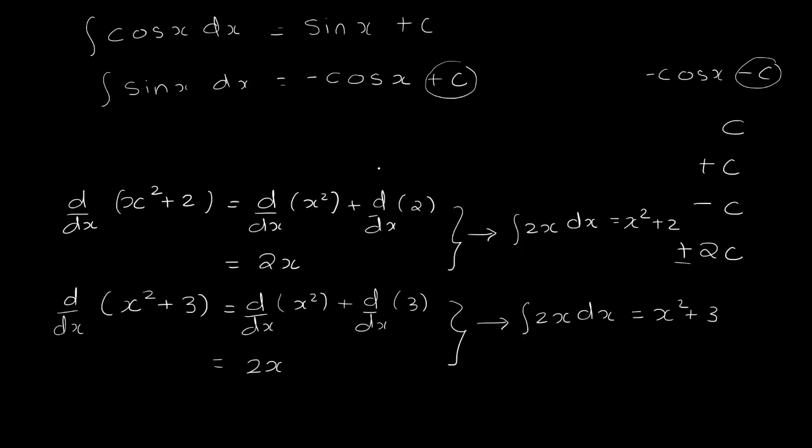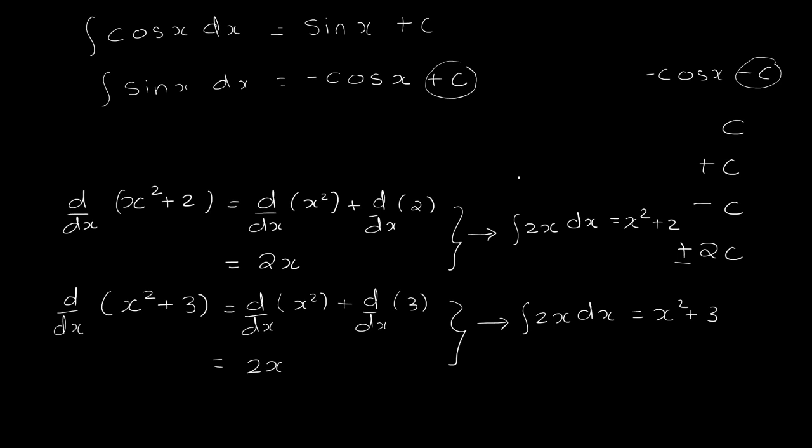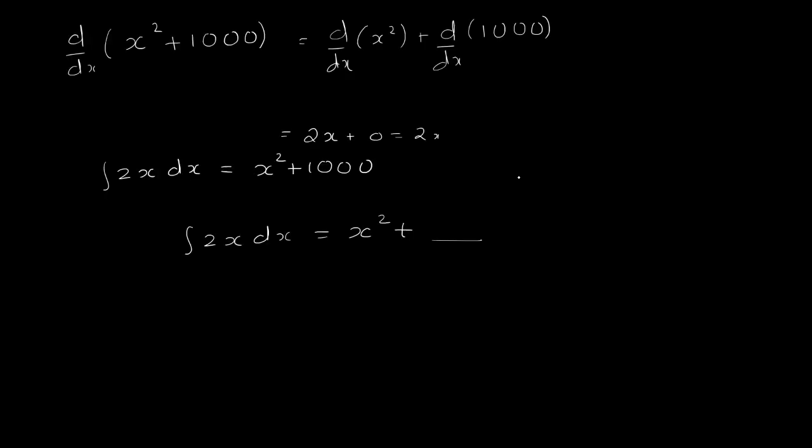So basically you will get the integral of 2x dx is equal to x square plus something, and that something is varying every time. That something can be 2, 4, 5, 6, 152, anything. So just to represent that there is some constant, we write it as c.